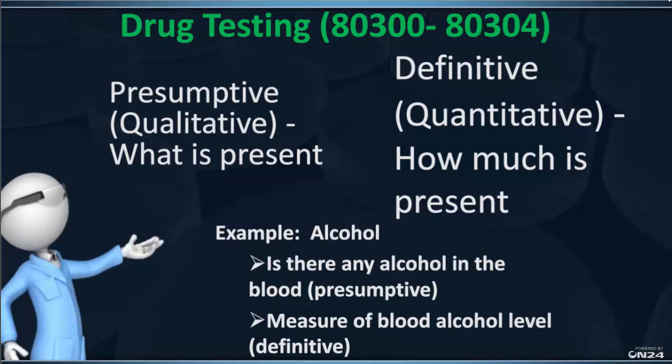Okay, yes, this patient has alcohol in their blood, but how much is in their blood? That would be the definitive part of it. When you're coding for these codes, you have to code for each specimen separately, by the way. So you're going to report each specimen. Okay, so if you have a blood specimen, if you have a urine specimen, you will code for each one.